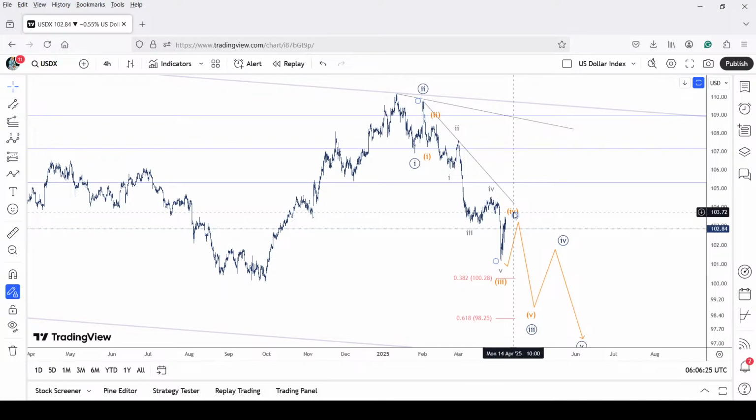Minute wave 4 in the making, and then we would look for prices to decline towards 98.25 for minute wave 5 to terminate close to 98 levels.